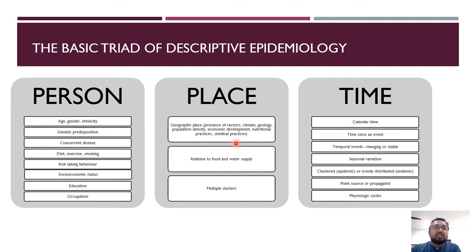Climate, geology, density of population, nutritional practices, medical practices kat situ, ada ke tak food and water supply, multiple clusters. Time, kena specific time, calendar time, time since an event, seasonal variation, cluster. Okay, benda ni saya tak perasan sebab saya kena kecilkan. Okay, tapi benda ni you all, saya akan upload slide ni and you all can refer it after this lah. Okay.